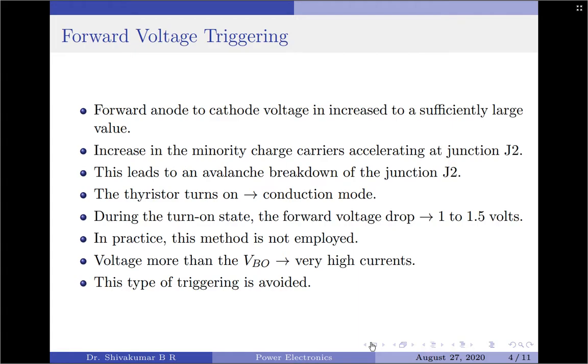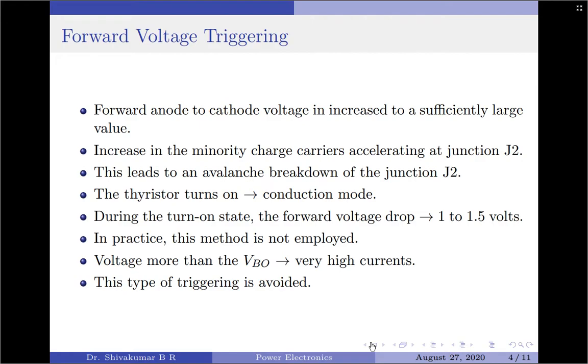This type of triggering is one of the most commonly used turn-on techniques, and in this particular technique, the forward anode to cathode voltage is increased to a sufficiently large value. By doing so, the depletion layer width will increase at junction J2.